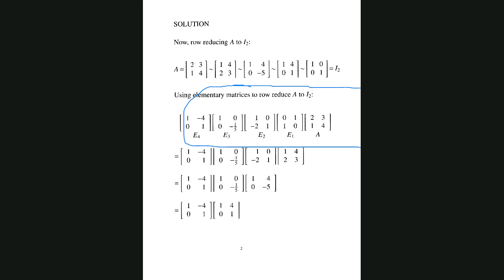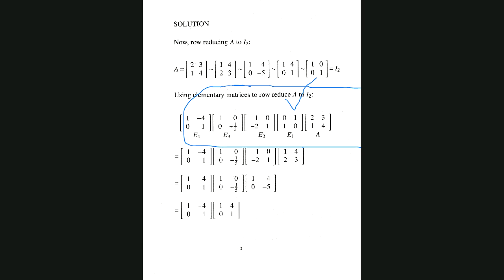Every row operation we did can be represented by an elementary matrix, meaning when we multiply the elementary matrix by the matrix A, it'll simulate a row operation. The first row operation gave us 1, 4, 2, 3. If I take the row swapping elementary matrix 0, 1, 1, 0 and multiply it by 2, 3, 1, 4, that gets me 1, 4, 2, 3.